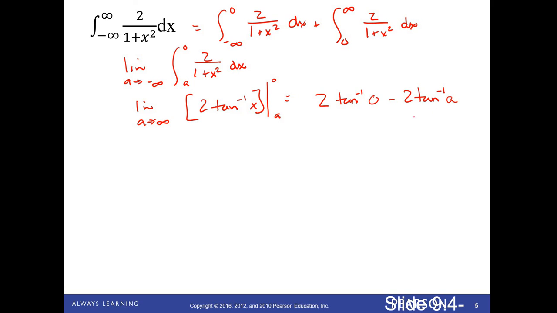That happens at negative pi over 2. Tan inverse of 0 would be 0. So I have negative 2 times negative pi over 2, which gives me pi.